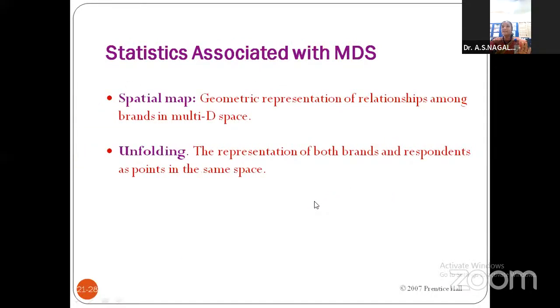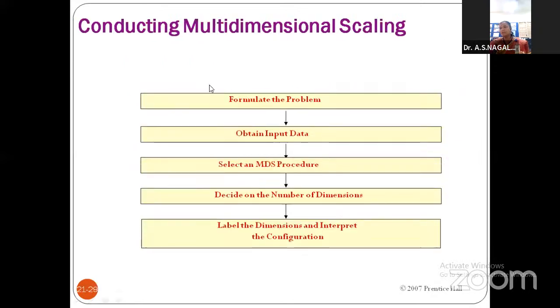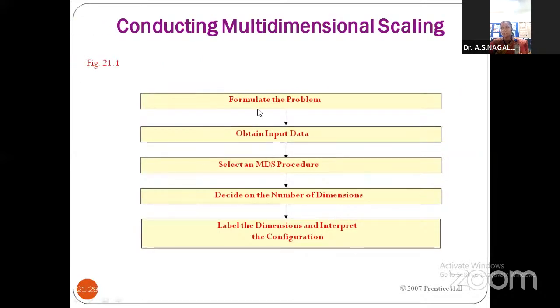Here we have a spatial map and unfolding. Both happen with the help of a Gantt. So how do you do it? Formulate the problem. I created a problem: how my managers' perception falls under four quarters. What are my four quarters? Favorable, unfavorable, idealistic and realistic.